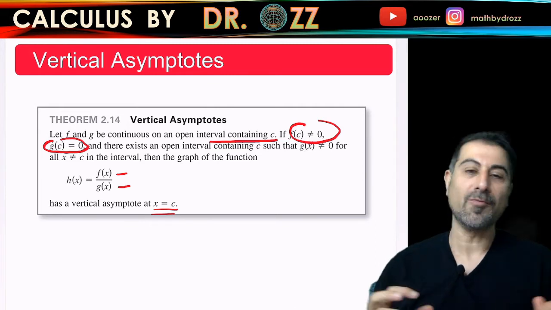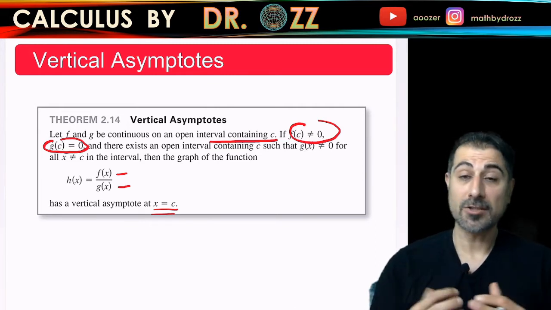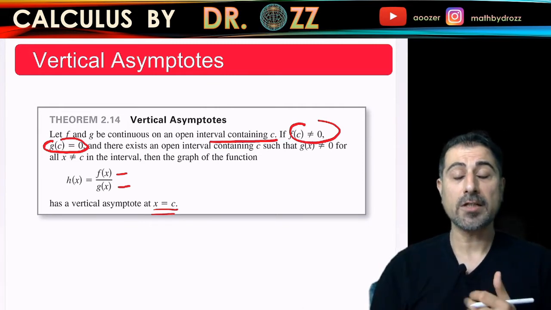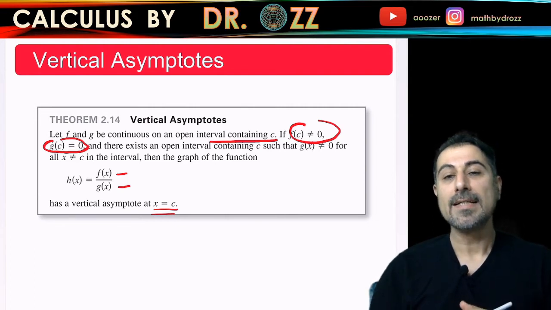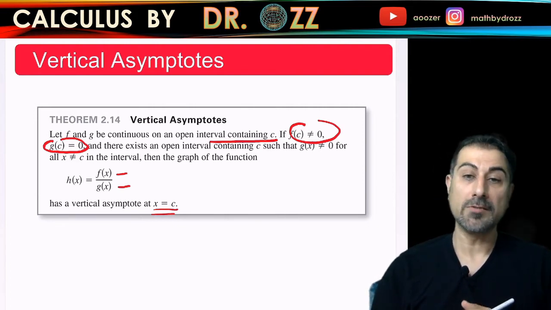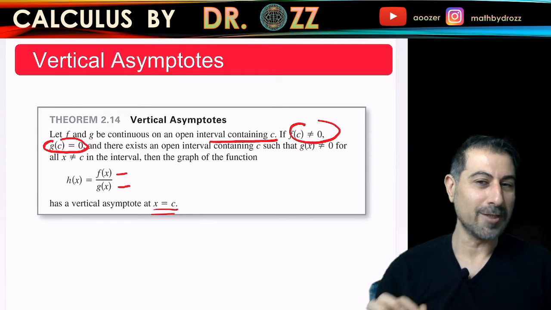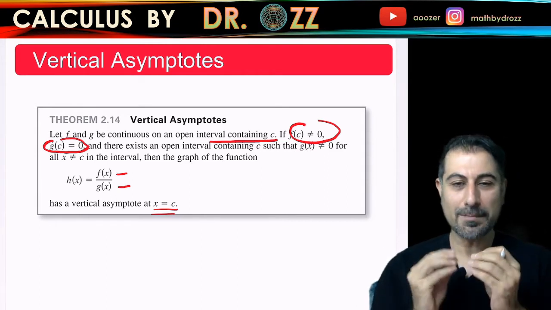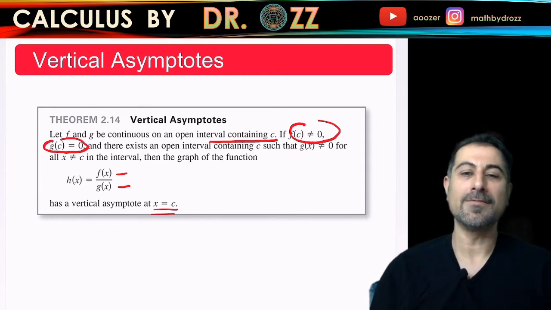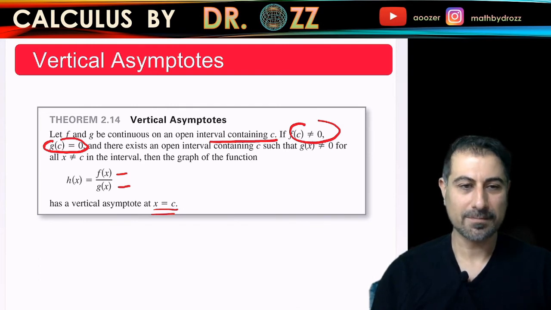So essentially, once a rational function is provided to you, all you're going to do is look for the points that make the denominator 0, but not the numerator. Those points are the best candidates for vertical asymptotes.